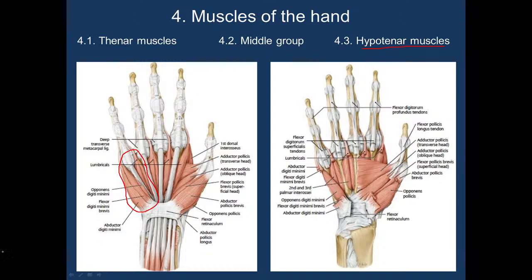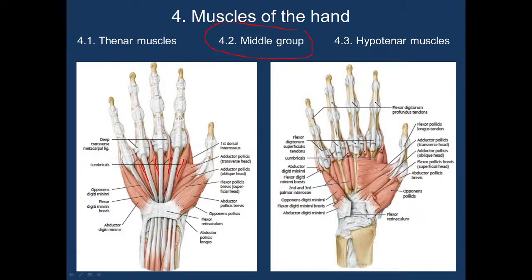But between thenar and hypothenar muscles, there is a middle group, and you see these lumbrical muscles.